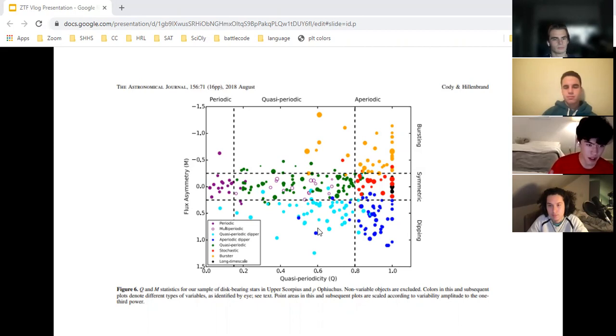The data for Q and for flux asymmetry came from Kepler, which is a space-based telescope, and ours came from ZTF. That had some effects on how we defined our cutoffs later on, which we'll see.